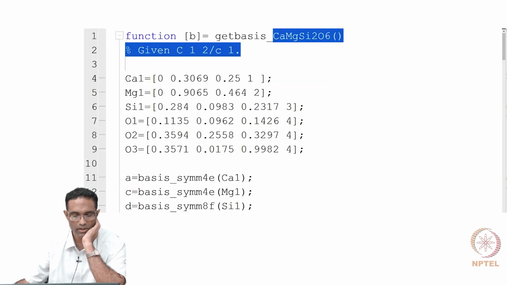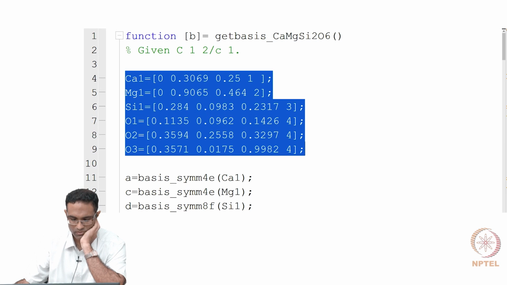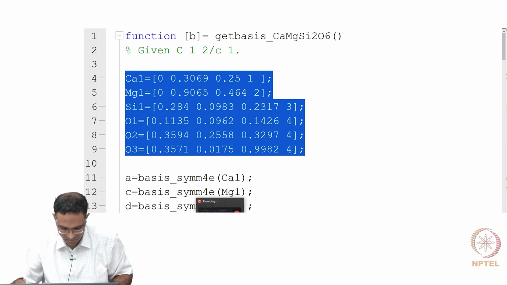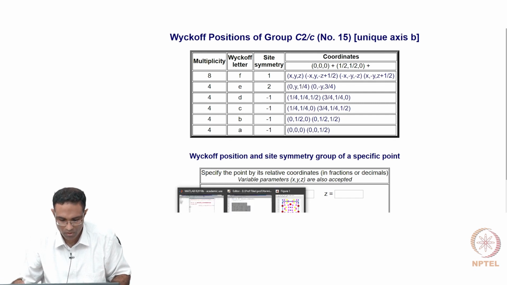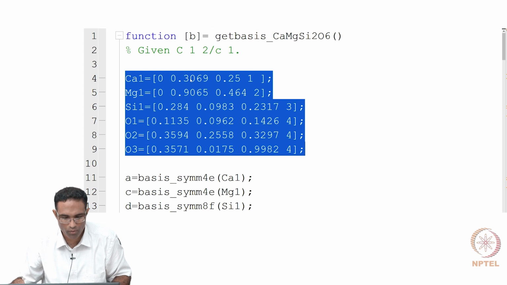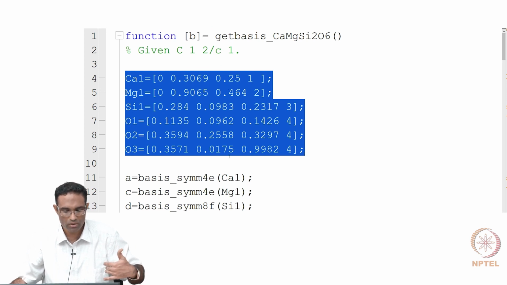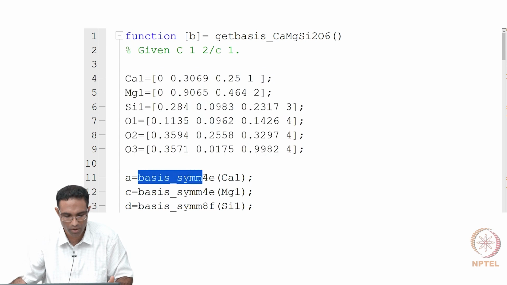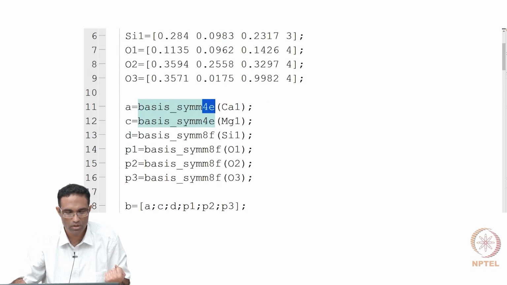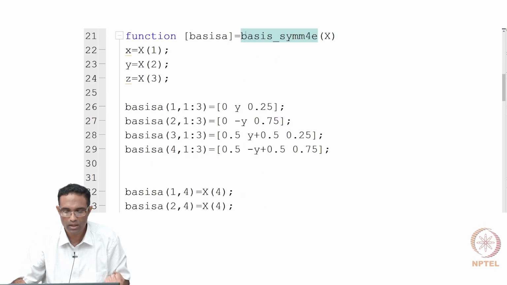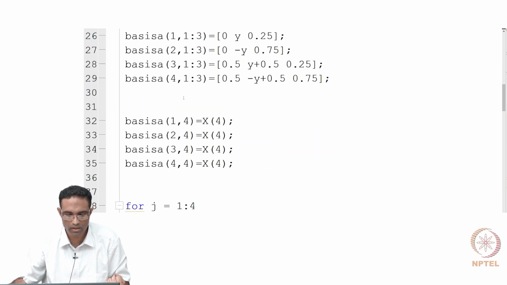So these are the various positions. 0 y quarter and 0 minus y 3 by 4. 0 some value of y quarter, and the other values can actually be defined in the corresponding function which grabs the basis, where you would have defined the basis for each and every Wyckoff position. So this function basis underscore sim 4e is defined here, where all the other symmetry equivalent points have been defined, just like how we did for the other cases.